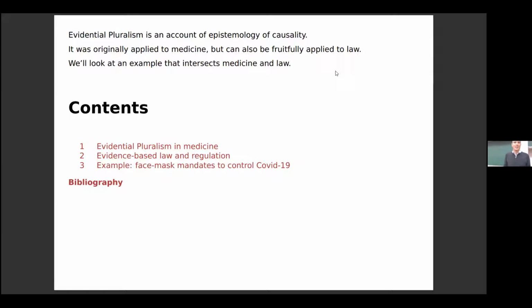Then I'm going to look at how evidential pluralism can be applied to the law and regulation, using an example that cuts across medicine and the law: face mask regulations to control COVID-19.